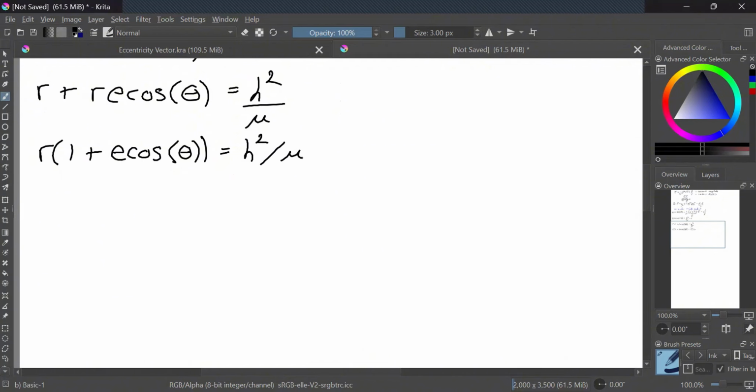And then we solve specifically for radius.